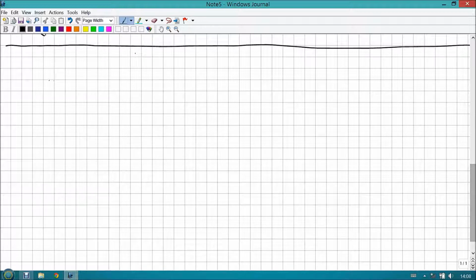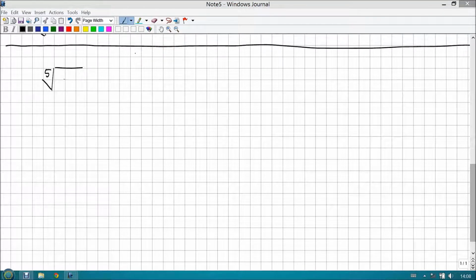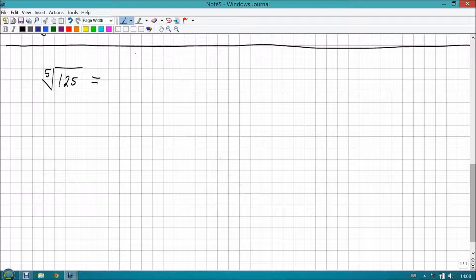So if I see something like the 5th root of a number, let's call it 125, to turn this into an exponent, I take this number here. This number is called the index.